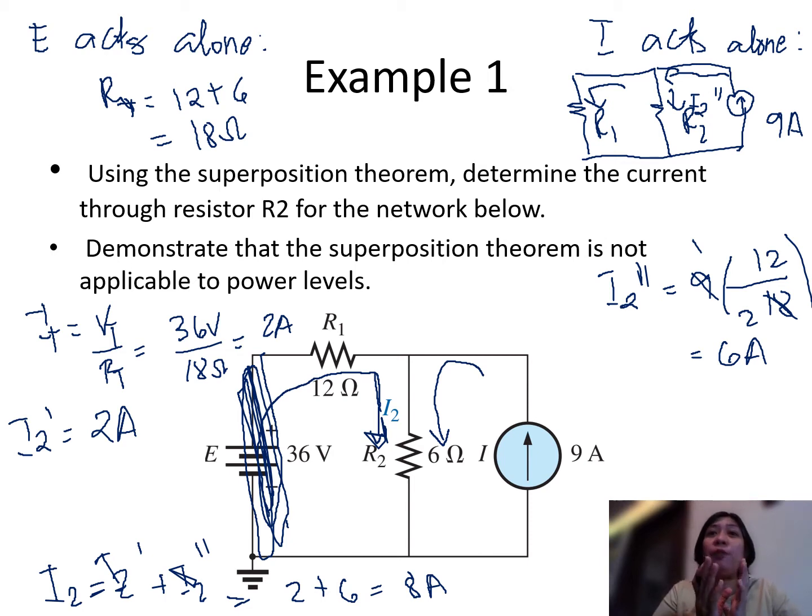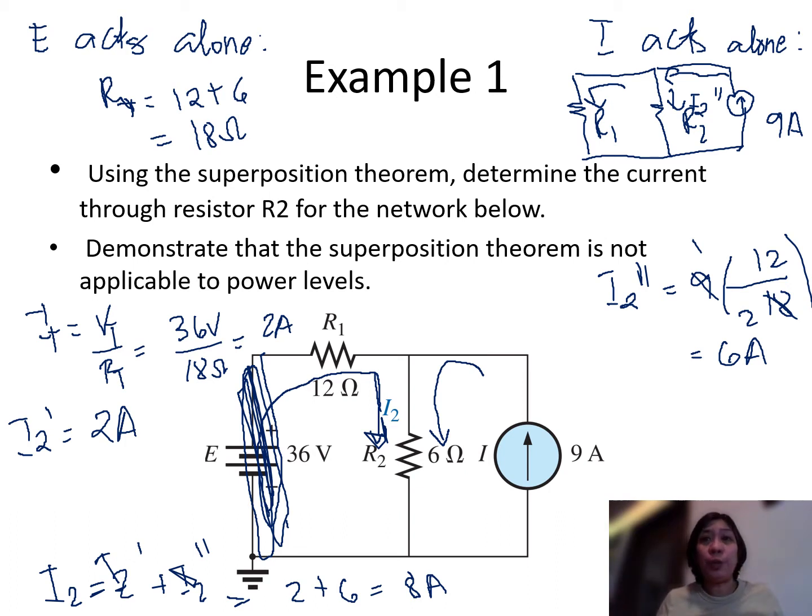You just have to analyze or solve the circuit one source at a time. If you remove one source, the other circuit will be a very simple type of circuit that can be solved using a simple series circuit like what we did, or simply a voltage or current divider circuit.